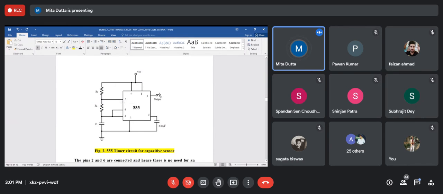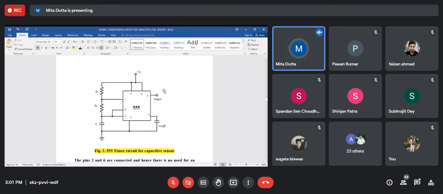From here we will get the output pulses. In our actual experiments, at the output pin we have to connect a CRO to see the signal produced by the 555 timer when it is used as an astable multivibrator.